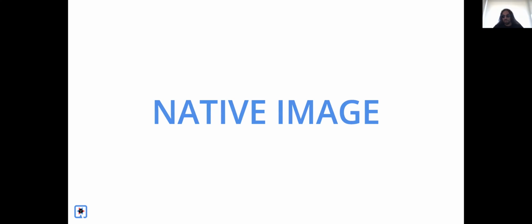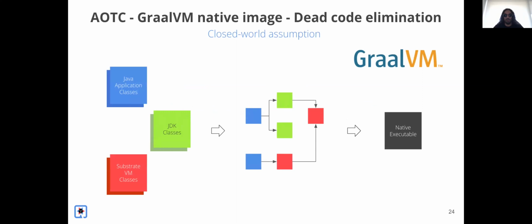Okay, so native image. Maybe you heard about something called GraalVM before. If you haven't, I'm just going to briefly explain it. GraalVM is a VM coming from Oracle. It's already maybe 4 or 5 years old, I can't remember exactly. But one of the exciting things about GraalVM is that it is able to pick up your Java application and create a native executable out of it.